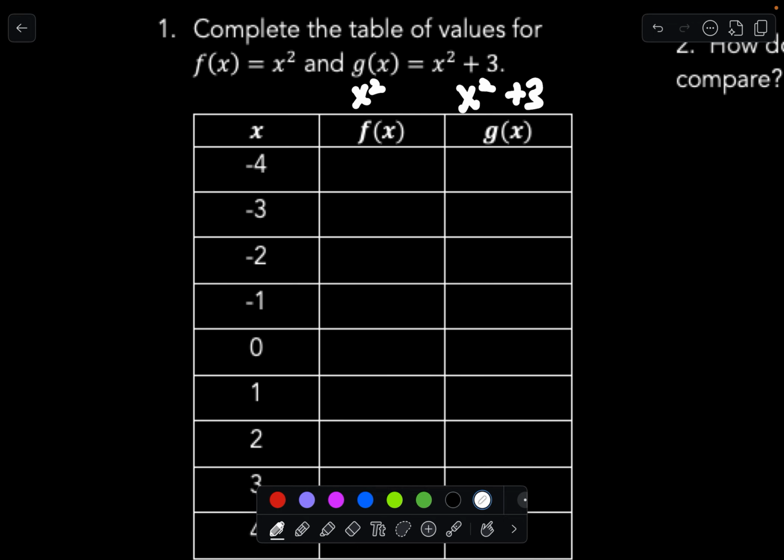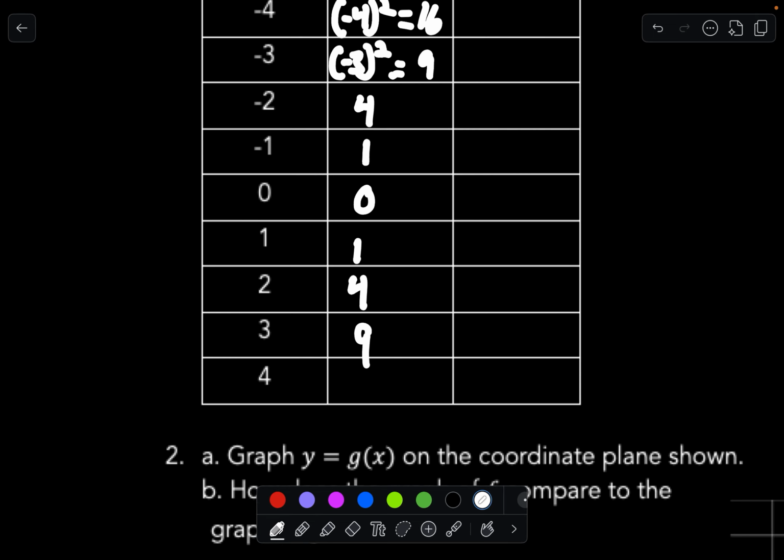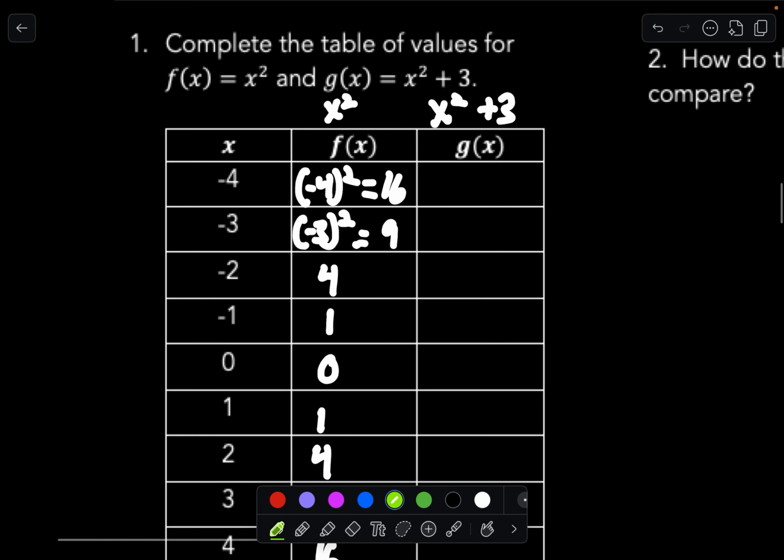So when x is negative 4, that becomes negative 4 squared, which is 16. When x is negative 3, that's negative 3 squared, nose to the parentheses, and that equals 9. And then negative 2 squared is 4, negative 1 squared is 1, 0 squared is 0, 1 squared is 1, 4, 9, and 16.